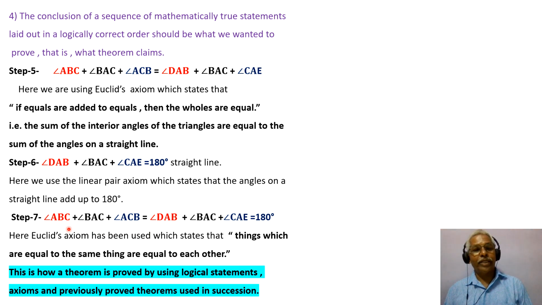We have written this statement on the basis of this Euclid's axiom. Things which are equal to the same thing are equal to each other. Just think over it, you will get it. So this is how a theorem is proved by using logical statements, axioms and previously proved theorems used in proper succession.